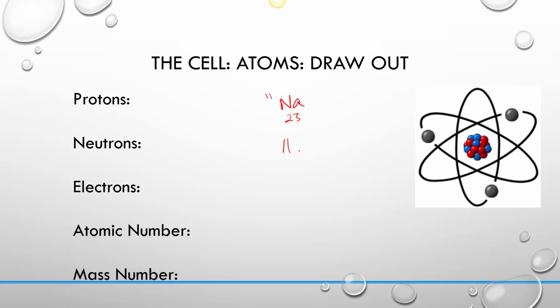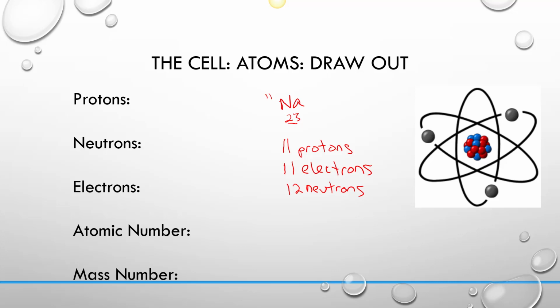Sodium would have 11 protons, which means it also has 11 electrons. Now 23 is the mass number, which is the number of protons plus neutrons. So in order to get the number of neutrons, you would have to take 23 minus 11, and that gives you 12.